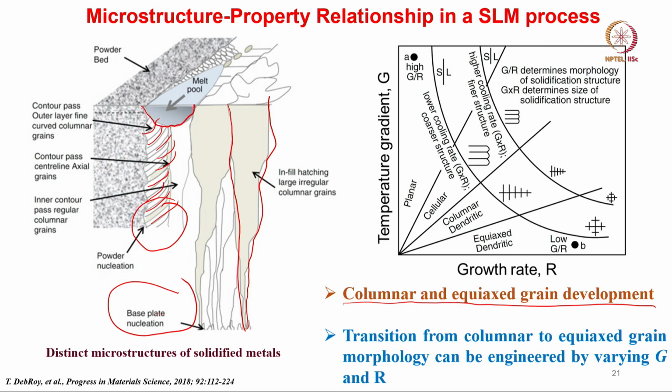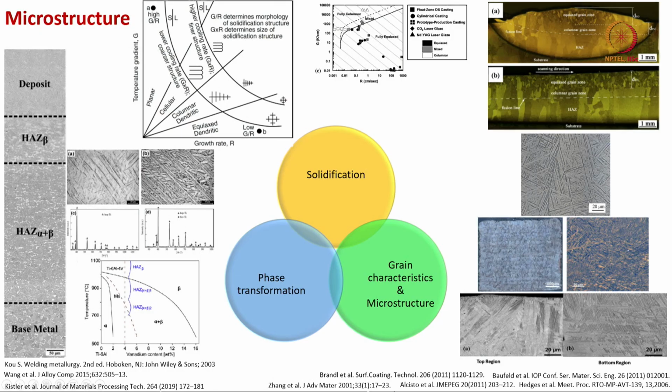This is the depth of the melt pool and this is the spread of the melt pool, and this is the laser scanning direction. You can now visualize how the laser beam interacts with the melt pool, how this microstructure develops, and how it undergoes transition from columnar to equiax grain by varying G by R.